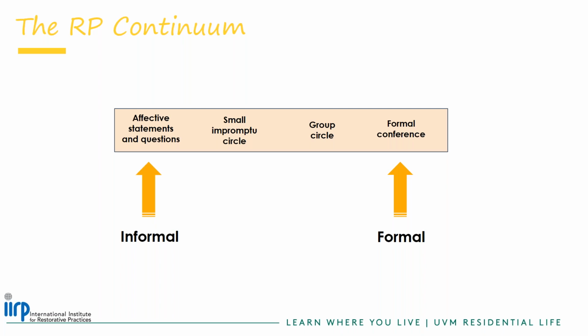We often use responsive circles with our RAs, and we ask our RAs to use responsive circles in our communities to address significant events. Sometimes that's a bias incident that occurs on the floor, vandalism, or an ongoing issue around alcohol in the community. The RAs, with the support of their supervisors, will often circle up together to do a group circle to address the impact in the community.